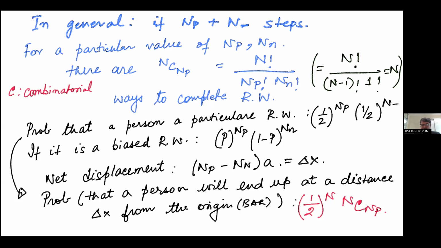I mean, of ending up at a particular random walk, and the number of ways that this displacement can be realized is nCnp ways, right? So the probability that a person will end up at a certain distance delta x is actually a product of these two numbers.